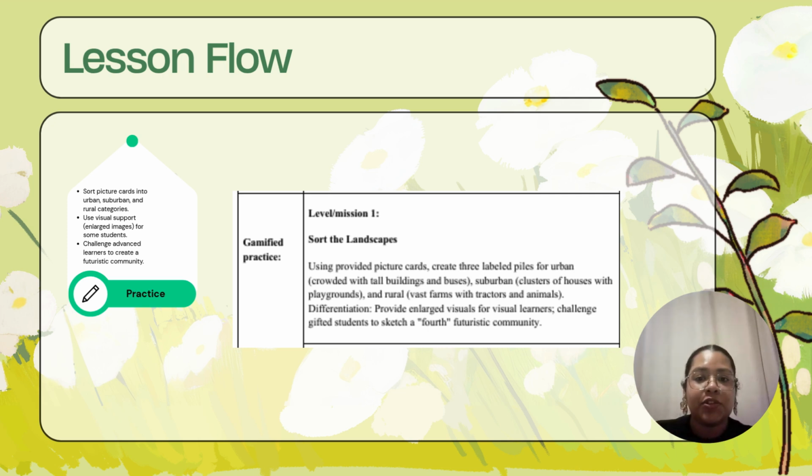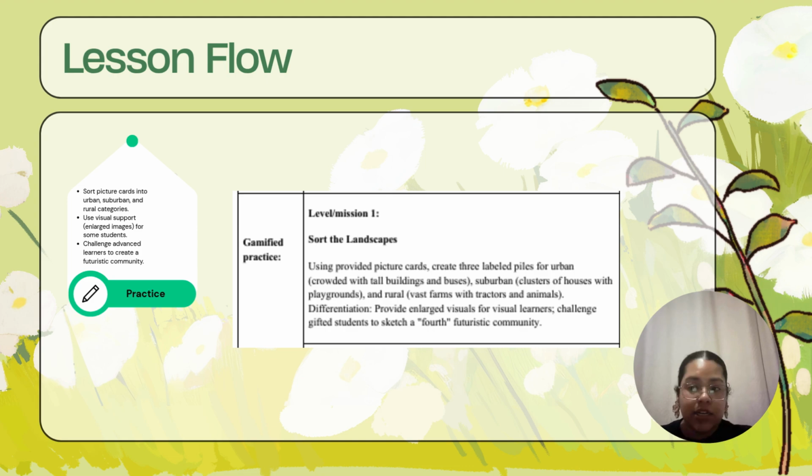Our first mission, or the first part of the gamified practice, is called Level One, Sort the Landscapes. In this first mission, students classify different types of communities using visual cards. They create three groups: urban, suburban, and rural.